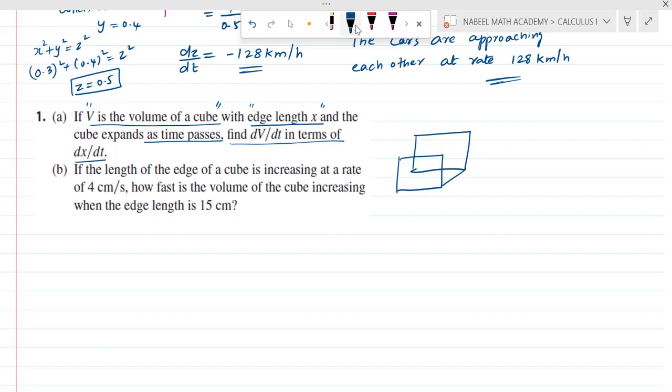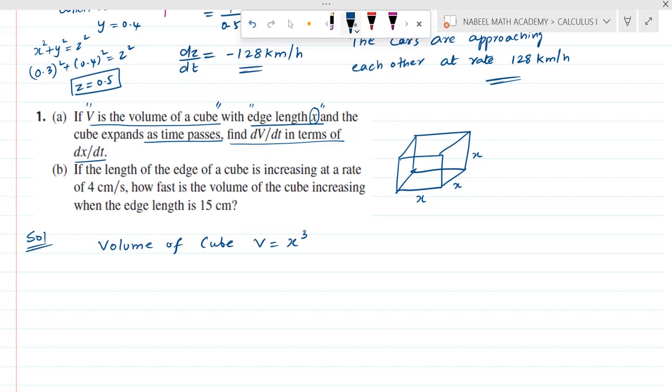But here the edge is mentioned in the question. You cannot assume any edge, but in the question it is mentioned, so you have to assume it as x. Therefore the volume of the cube, as we discussed at the beginning of the video, V is equal to x power 3.